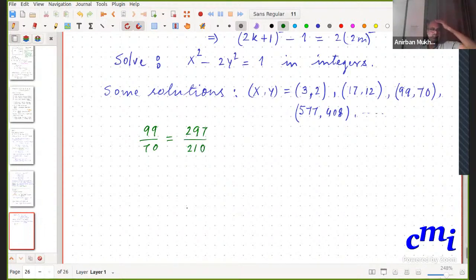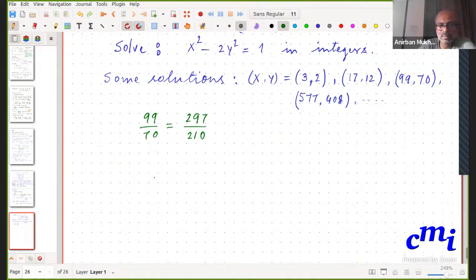These are actually the proportions of the A4 size paper. This is the length in millimeter and the denominator is the width in millimeter. And where did they come from? They come from convergents of square root of 2.